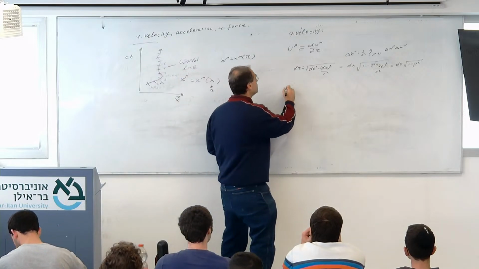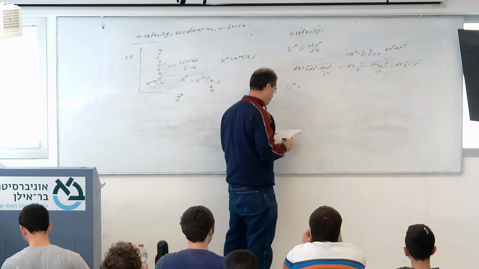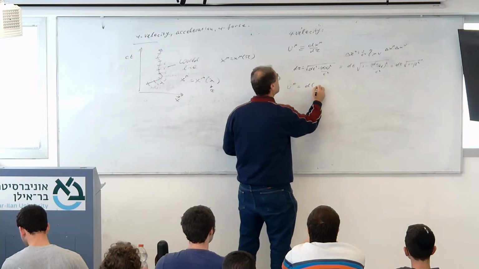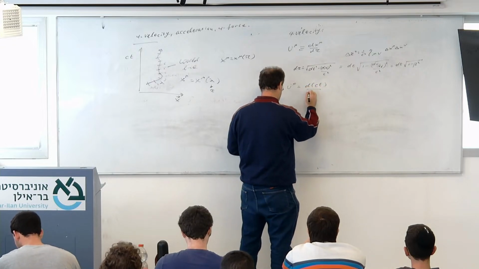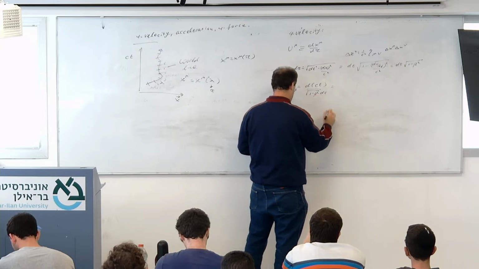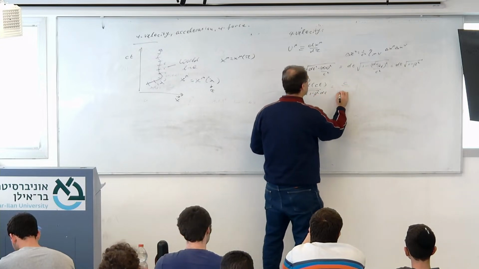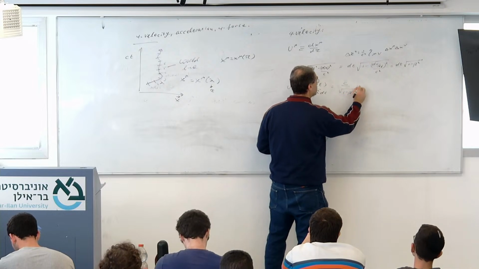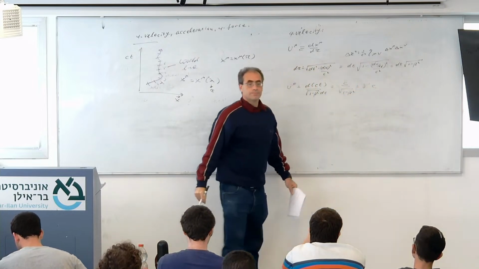So u^0 is d(ct) over the square root of 1 minus β² dt. This is just c over the square root of 1 minus β², which is gamma times c.